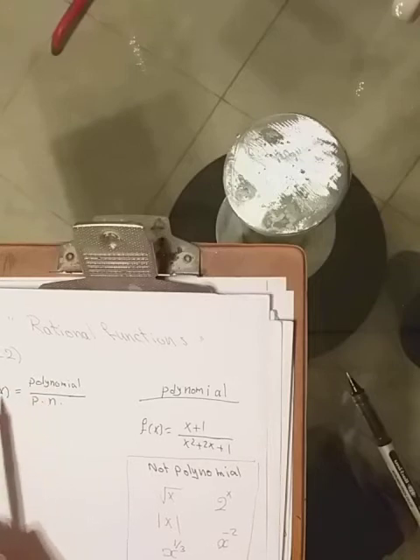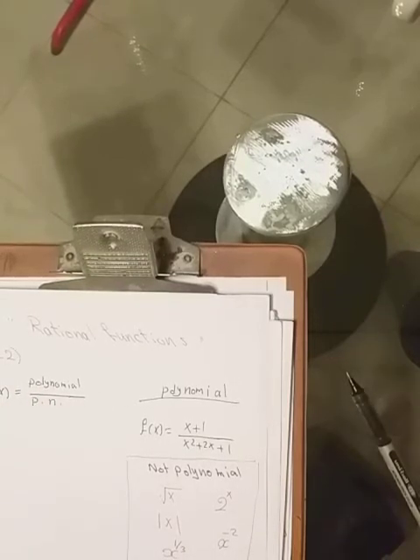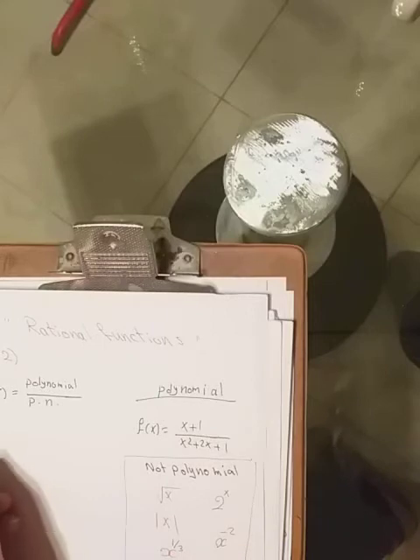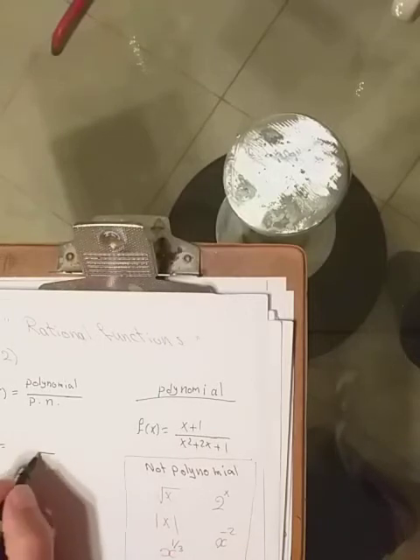Polynomial over polynomial, then you have a rational function. Another example of a rational function: f of x equals 2 over x plus 1.